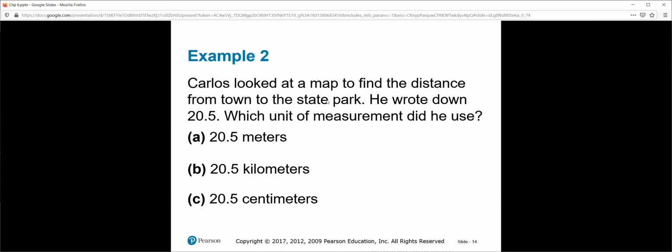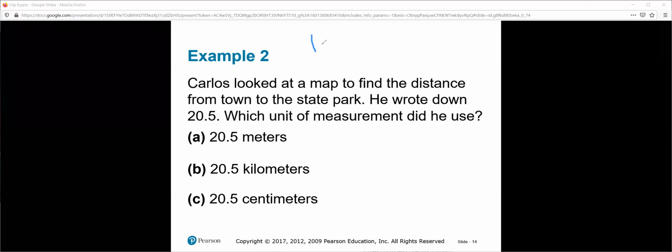So for this example here, Carlos looked at a map to find the distance from town to the state park. He wrote 20.5. Which unit did he use? Well, a meter is about a yard. So is the town about 20 yards from the state park? Does that make sense? Probably not, right? One meter is about one yard.